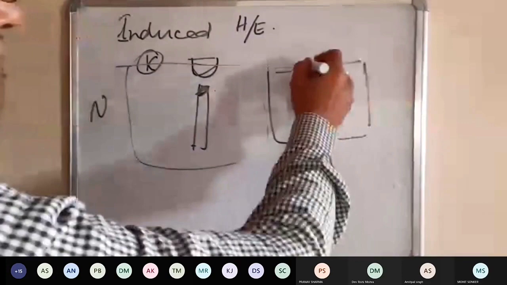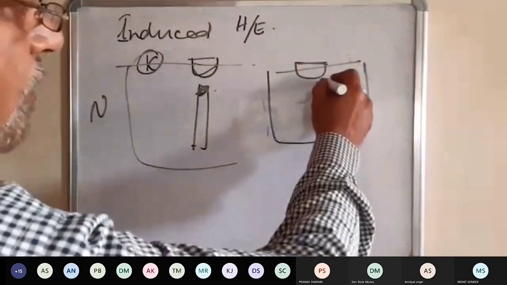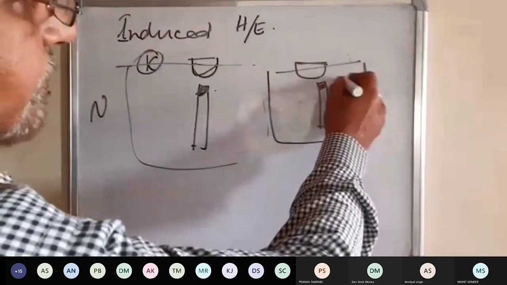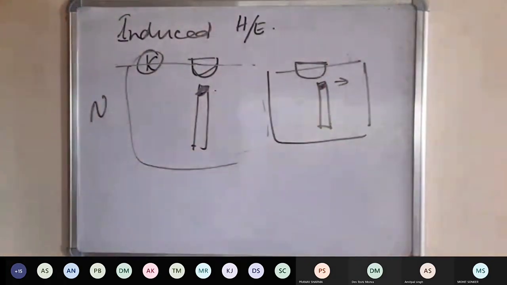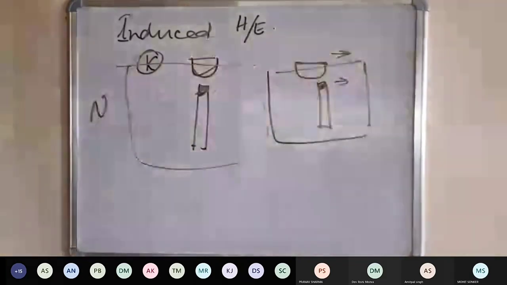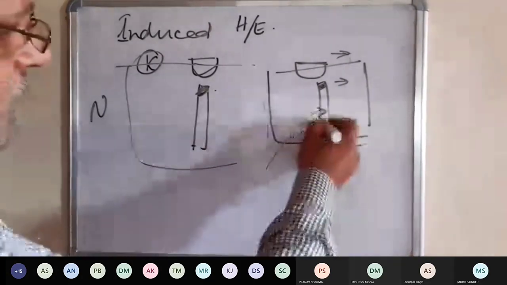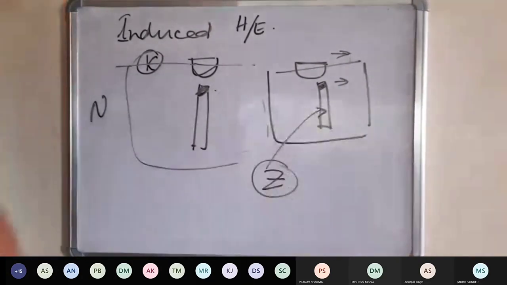When healed, the compass will be like this. The rod will shift to this side. And so there will be what kind of deviation? Easterly. ईस्टर्ली. But this one is magnetized by Z. Is that correct?